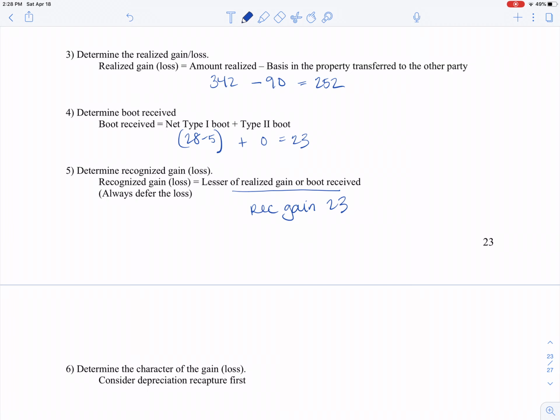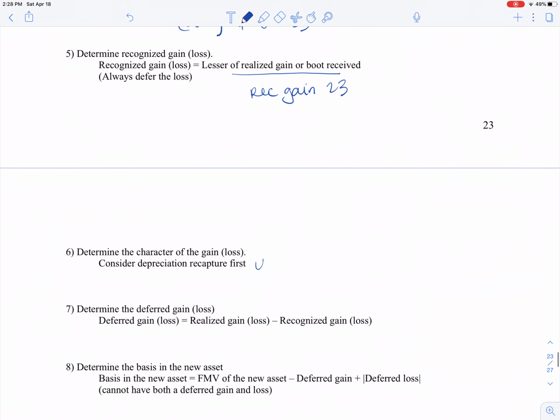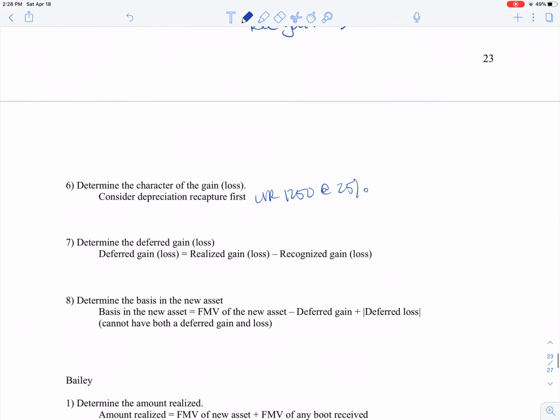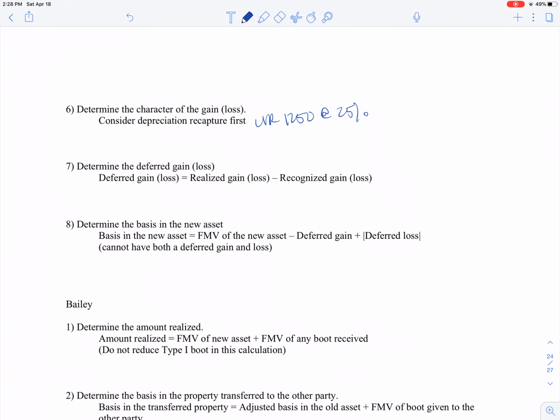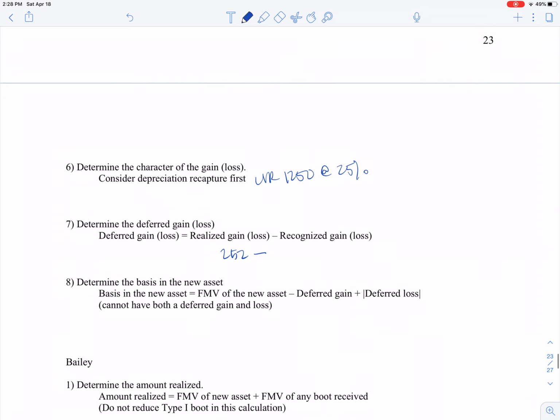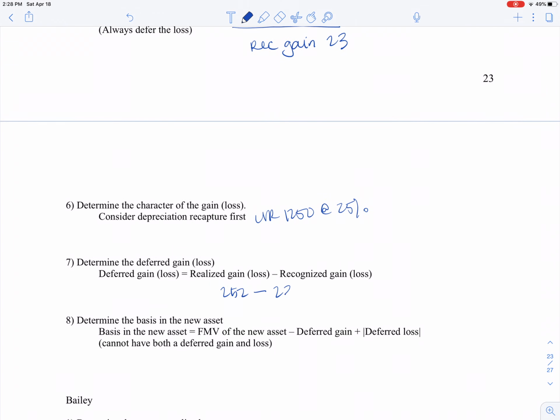What's the character going to be? It's going to be unrecaptured 1250 at 25% because of how she's using it in her business as a sole proprietor. All right, the deferred gain or loss is the realized gain or loss of 252 minus the recognized 23 or 229 in deferred gain.